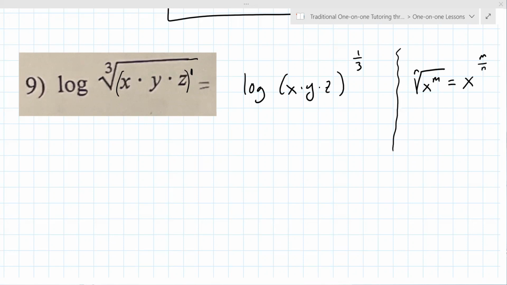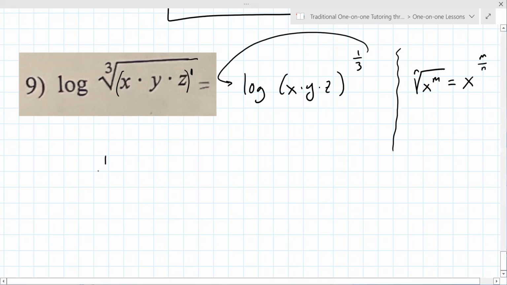Right, so now it's very much like the previous problem. You bring that exponent out in front. You generally bring the exponents out in front first. And then the product becomes a sum.